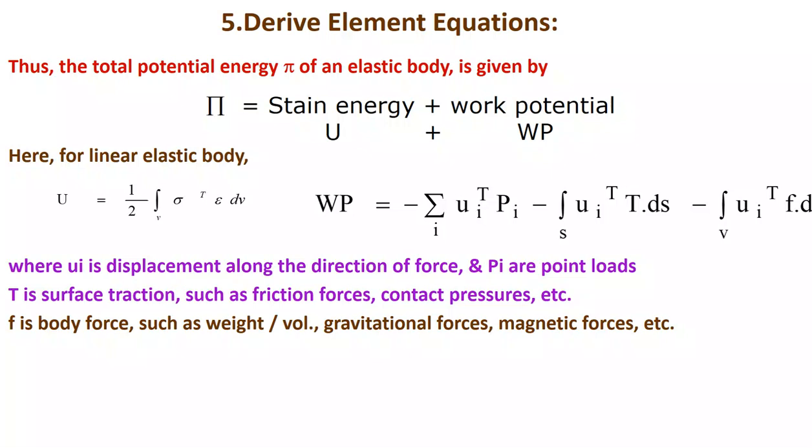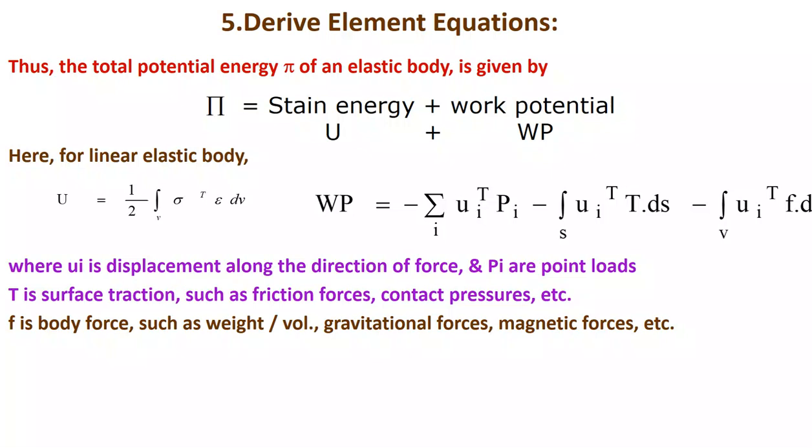From the stress and strain with respect to dV, we can find the strain energy, or it is of the form half k phi square or half k phi. And the work done equals minus u_i transpose P_i, minus integral of u transpose T dS, minus integral of u transpose F dV.